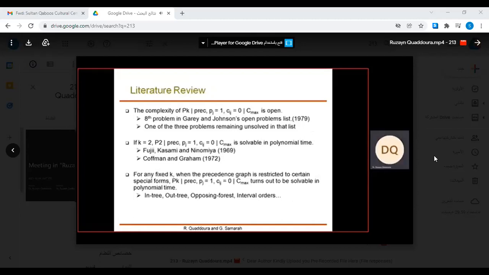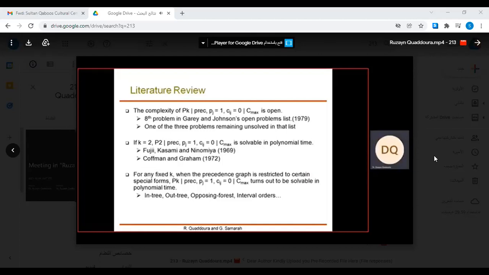We find in the literature that the complexity of the problem Pk | precedence, Pi equal to 1, Cij equal to 0 | Cmax is open. That is, the complexity of this problem is still unknown, where k is fixed. But if k equals 2, the problem P2 | precedence, Pi equal to 1, Cij equal to 0 | Cmax is solvable in polynomial time.